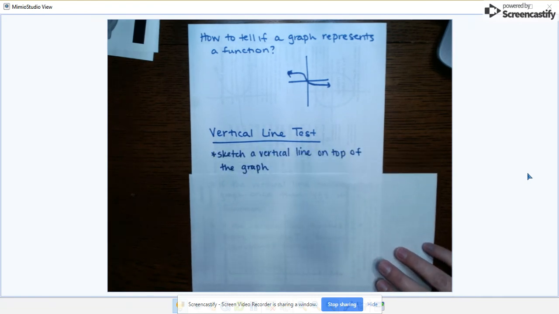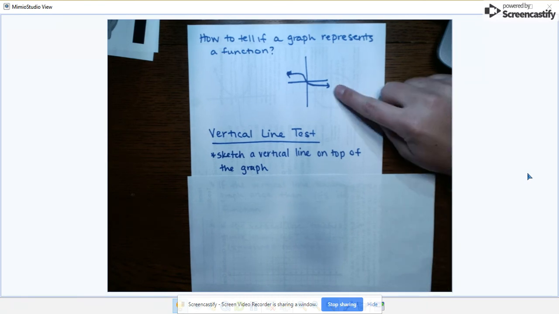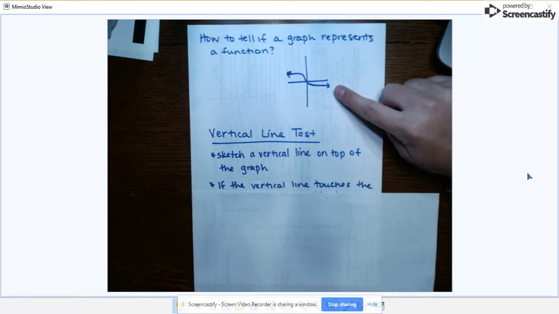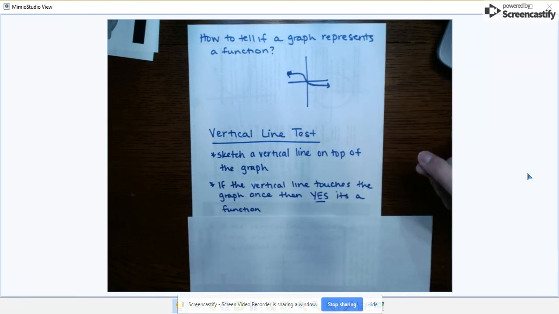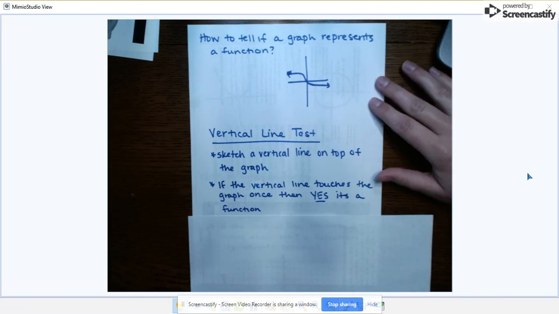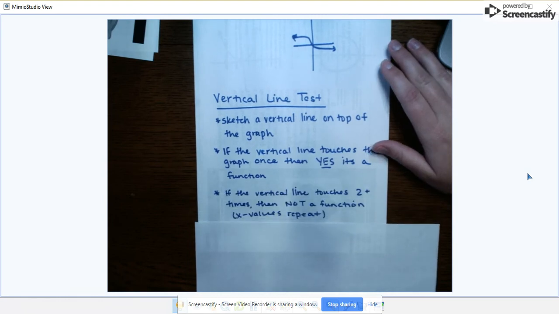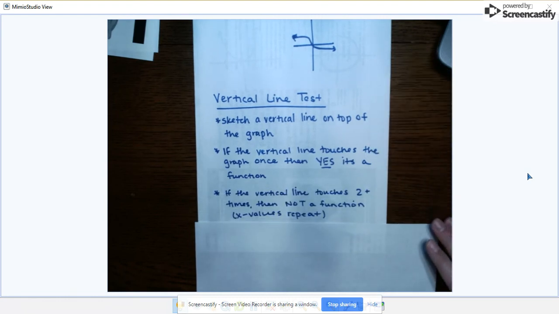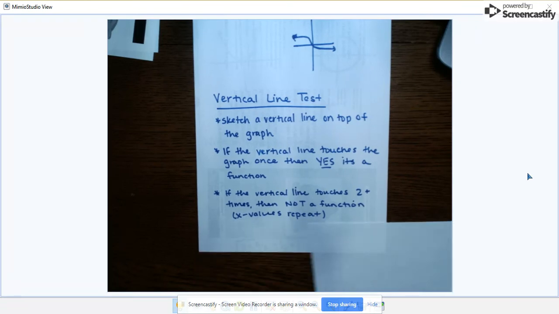So we're going to sketch a vertical line, remember that goes up and down, on top of the graph that's given to us. If that vertical line only touches our graph one time, then it is a function. However, if it touches the graph two or more times, then it's not a function, because that would indicate that our x values have repeated and they have different y values.